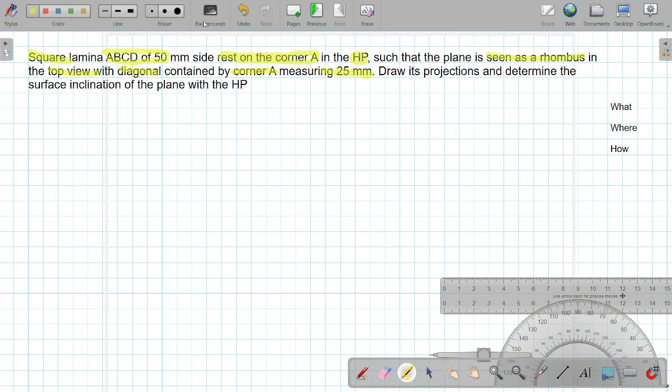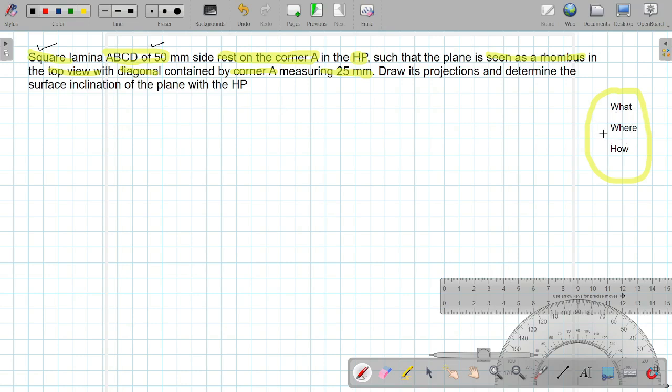Now, to start the initial construction, we need the answer for these three questions, that is what, where and how. So again reading the question, what? The first word itself gives the answer. What to draw is the square lamina of side 50 and the naming given is ABCD.